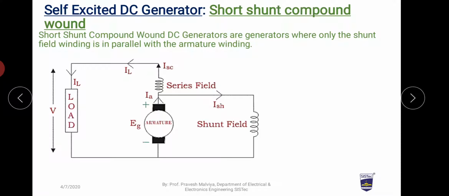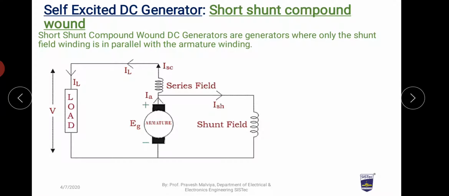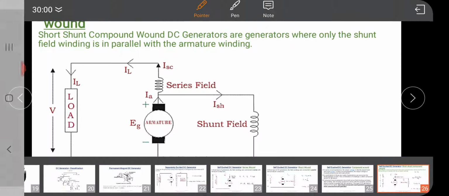Here we can see that the shunt winding, the field circuit, is connected in parallel with the armature, and this parallel combination is connected in series with a series field.